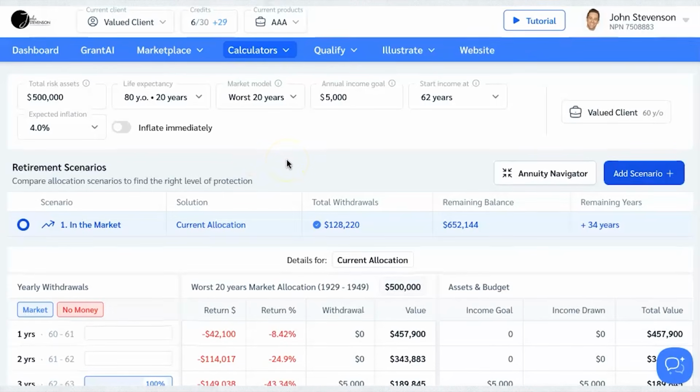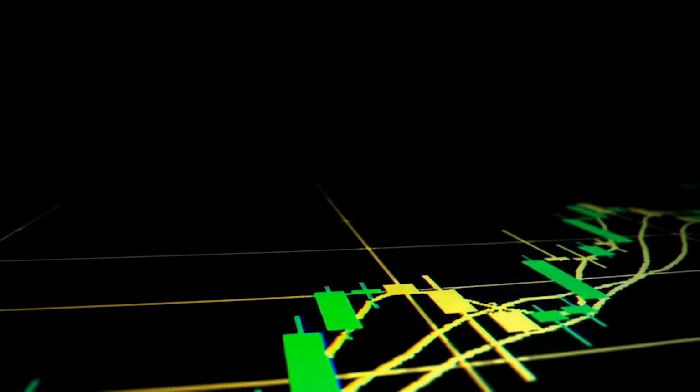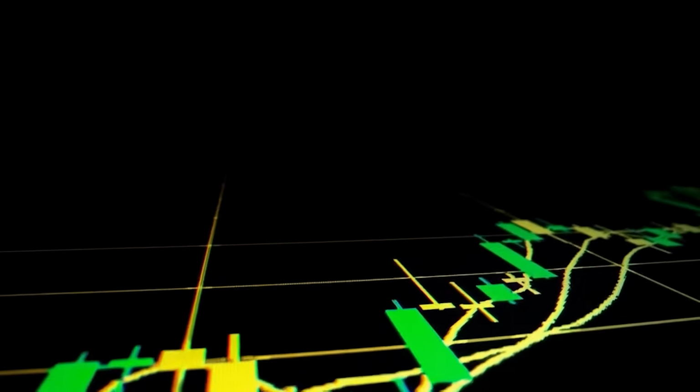There are a few different things to think about. When you're looking at sequence of returns risk, you want to take out a certain amount of income, you want a certain amount of growth, and you want to make sure the market does not perform badly. Of course, it never times it just right.